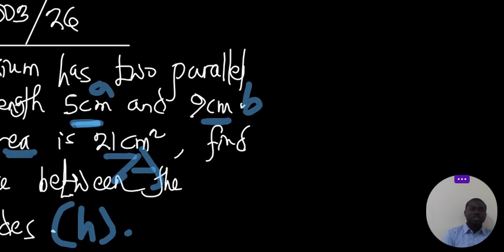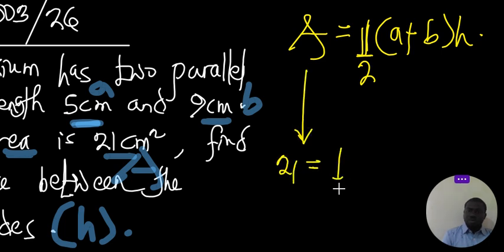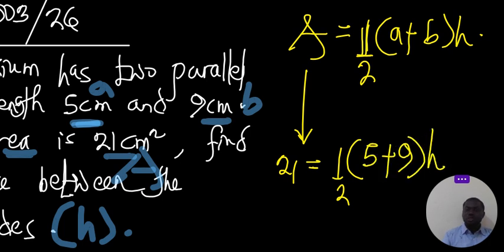Let's remember that the area of a trapezium is 1 over 2 times the sum of parallel sides a plus b, times the height. So the area of the trapezium is 21. Instead of area, you write 21 equals 1 over 2 into first parallel side 5 plus second parallel side 9, times the height h, the distance between the parallel sides, and this is what we are required to find.